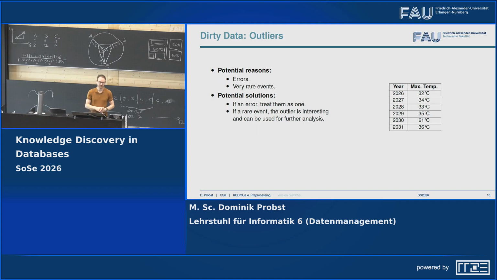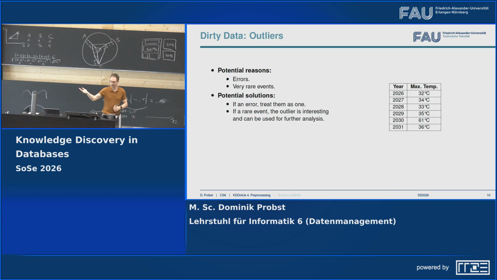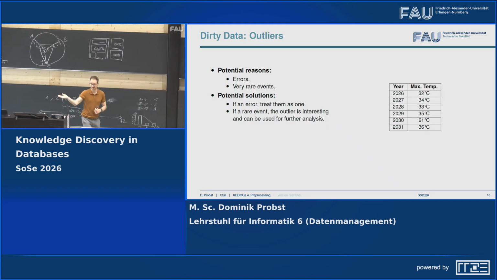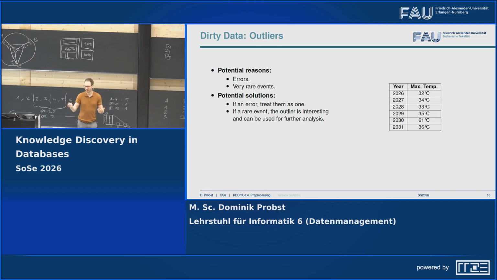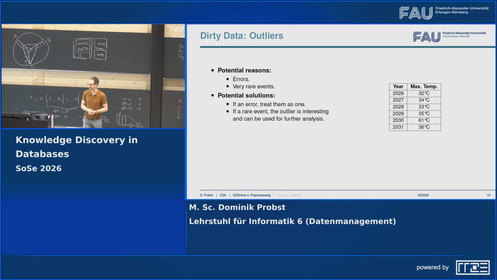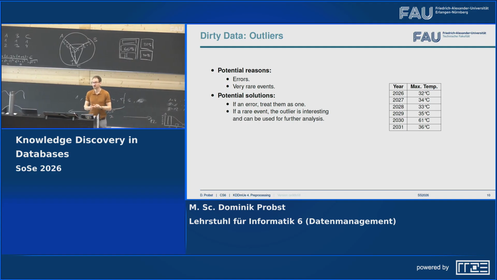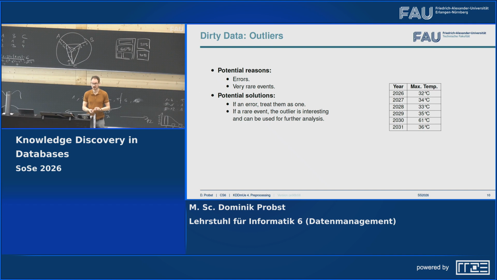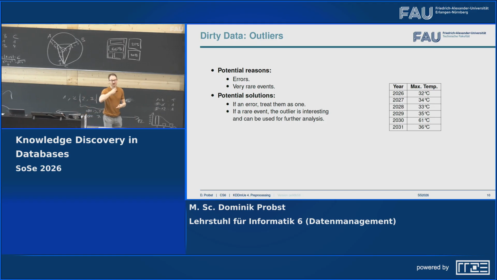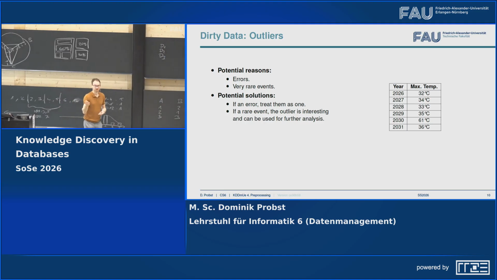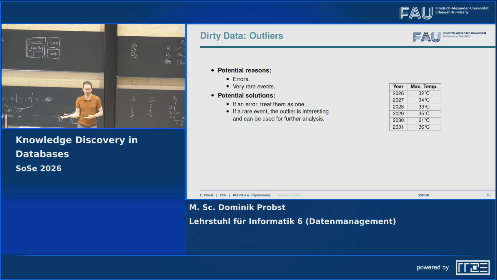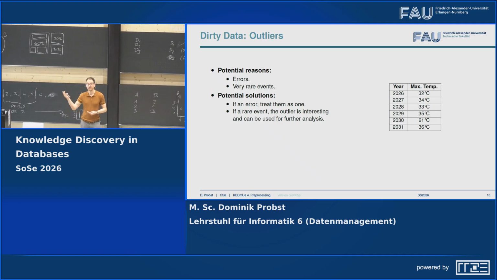And the last thing are outliers. Outliers are something we already talked about during the interquartile range slide, and we will talk about in a specific lecture. Outliers might indicate errors, but they might also be very rare events. Both things are possible. In most cases, you try to find outliers to either check whether it's an error which has to be fixed, or because a very rare event might be something very valuable to know about.